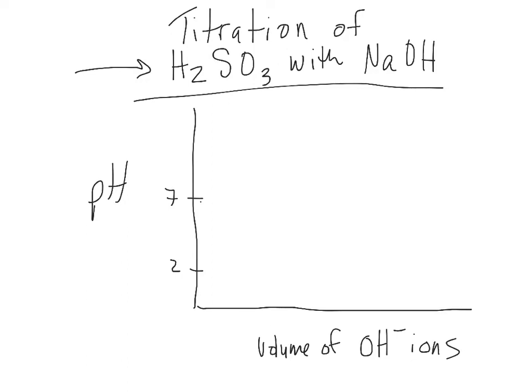So we're not just ripping off one proton, as in the case of, for example, HCl, but when we look at H2SO3, we're actually going to be ripping off 2 protons. And because H2SO3 is a weak acid, both of those protons are generally still on the H2SO3, even when it's just sitting in water. So what we're going to draw is a curve which looks a little bit like this.